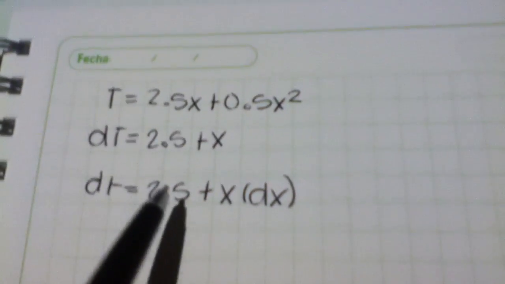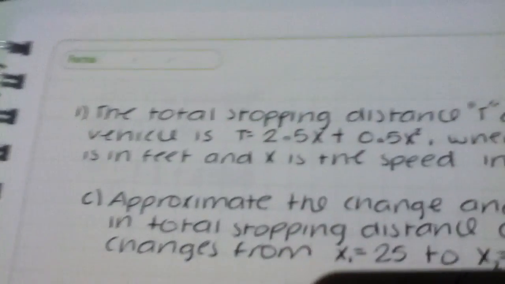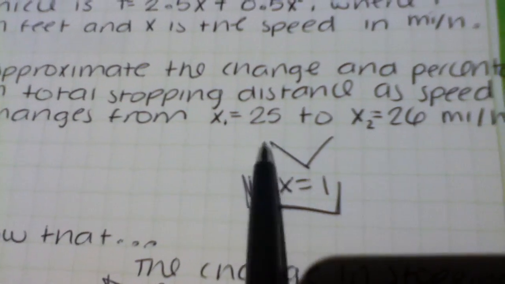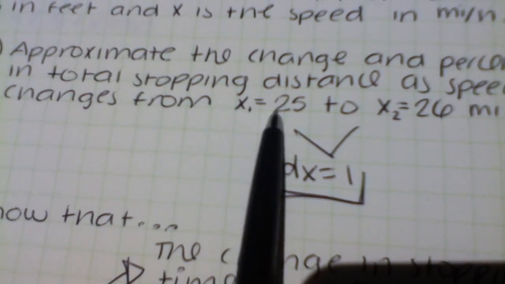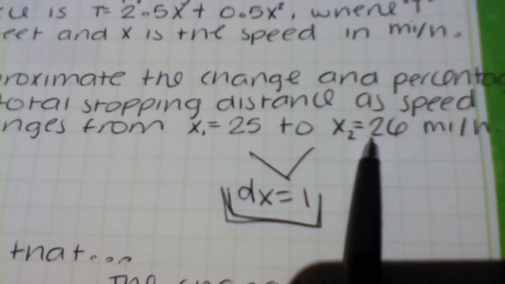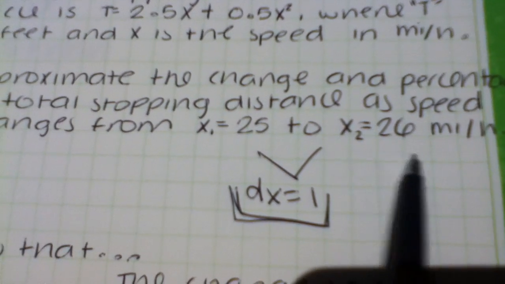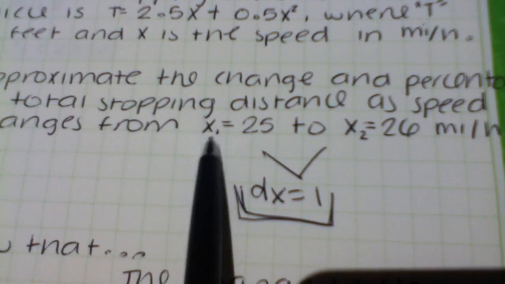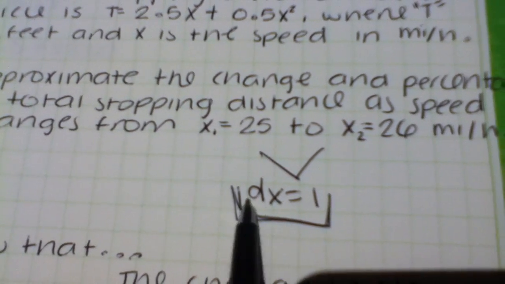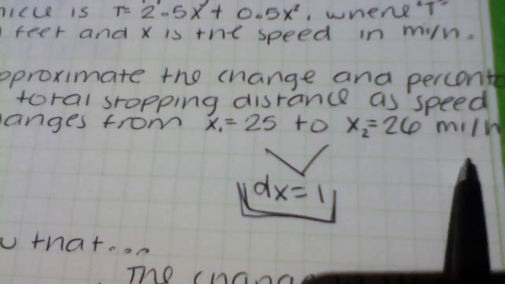Now, we know that the x's have to give us 26. So we know that 25 plus 1 is 26. And it has to give us 26. So we're going to place the first x where the x is, and the dx, which is the change, for us to get 26.